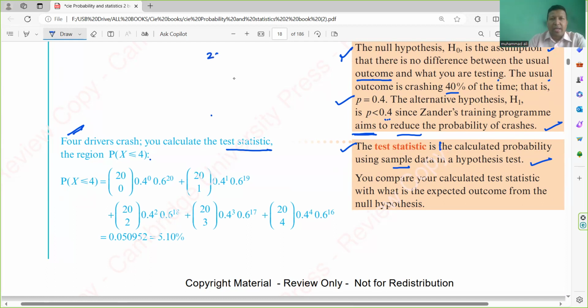The probability of X less than or equal to 4 equals 20C0 times 0.4 to the power 0 times 0.6 to the power 20. Why 0.6? This is the binomial expansion.